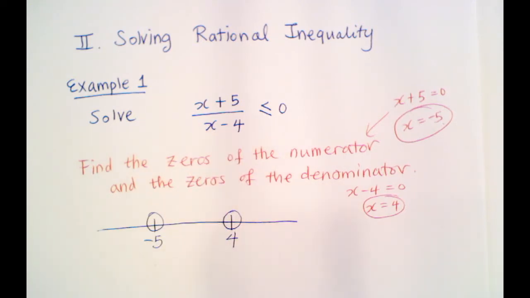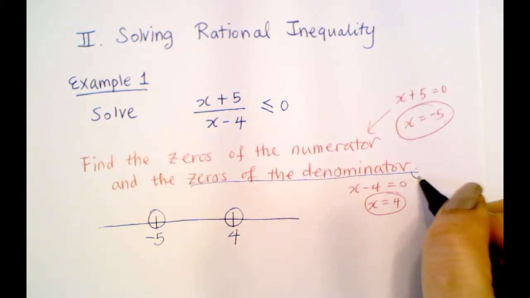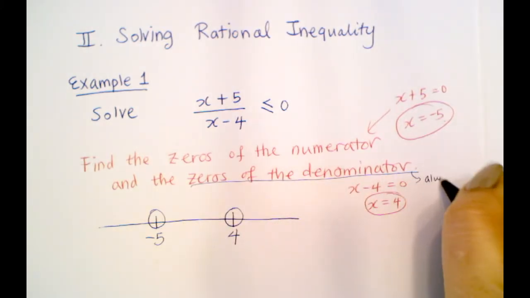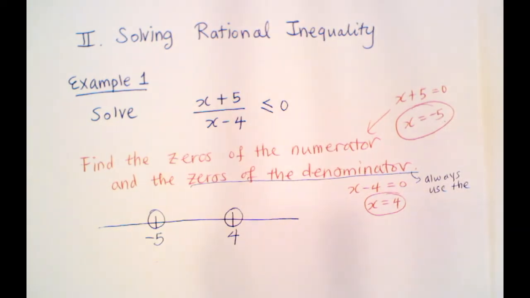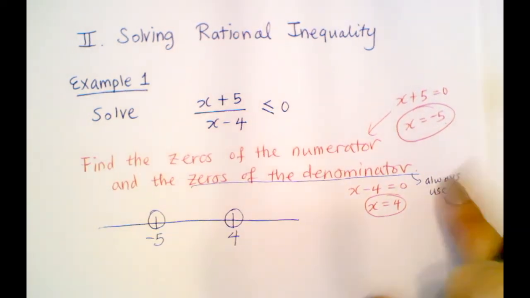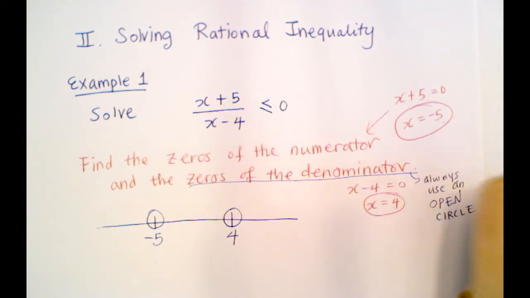Make a quick note: always use an open circle for the zeros of the denominator. I'm going to keep it open.